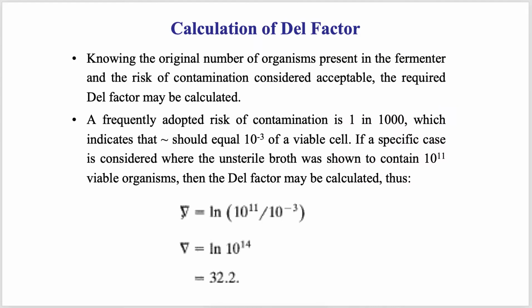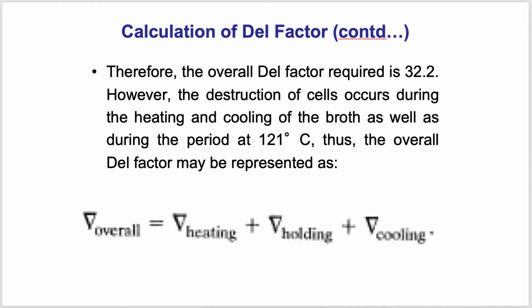In fact, that is what we do. When we calculate the overall del factor, we just add the del factors of all these individual steps. So we can represent it by this equation: del overall will be del heating plus del holding plus del cooling.